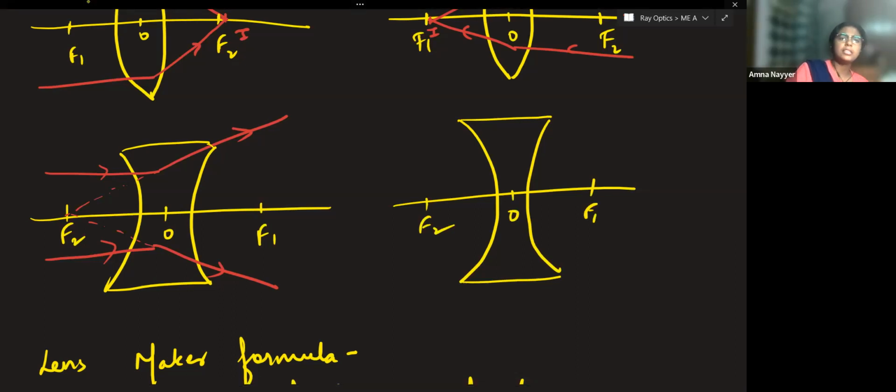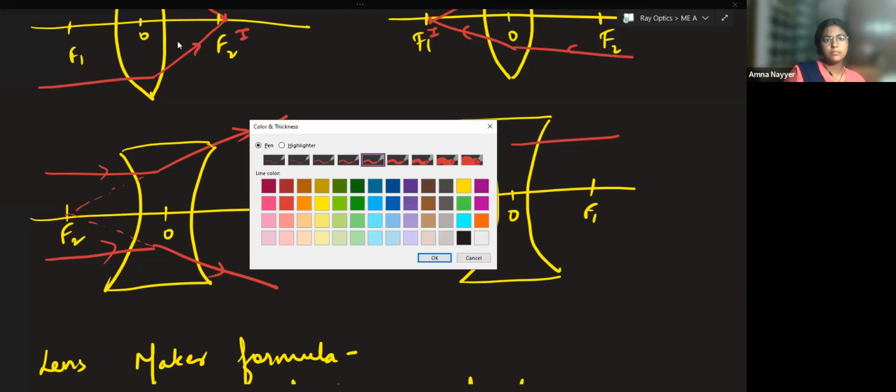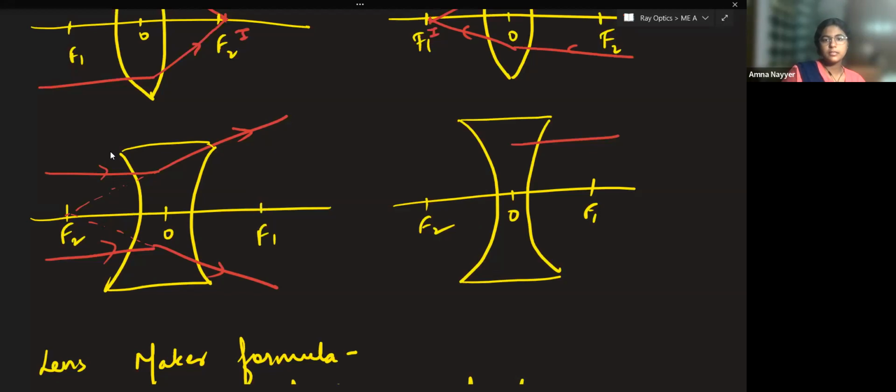Even if rays of light are coming from the other side, the rays get diverged, because the work of a concave lens is to diverge the rays. Now, if you produce the rays backwards, they appear to meet at a point, and this becomes your image.